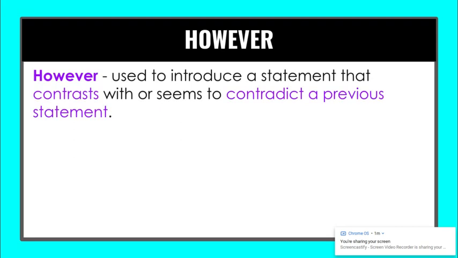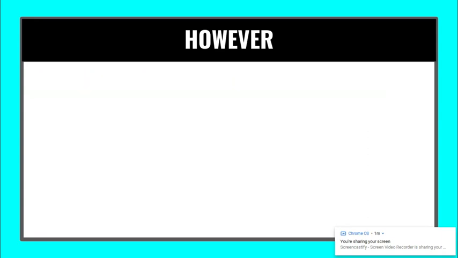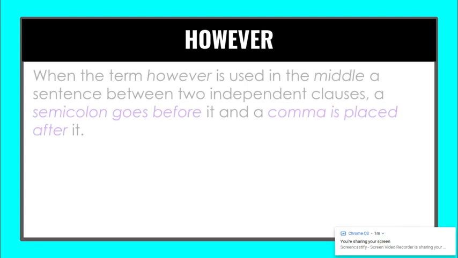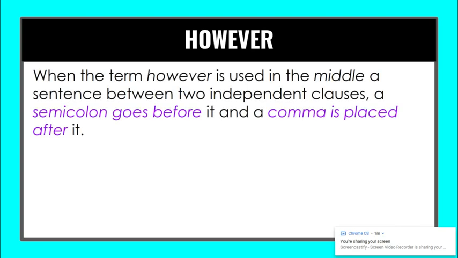The definition of however is it's used to introduce a statement that contrasts with or seems to contradict a previous statement. So the conjunction but is synonymous with however because the conjunction but shows contrast.